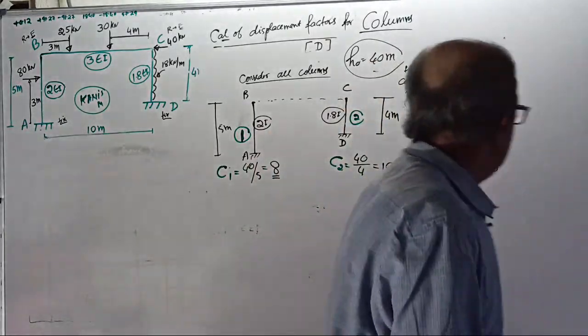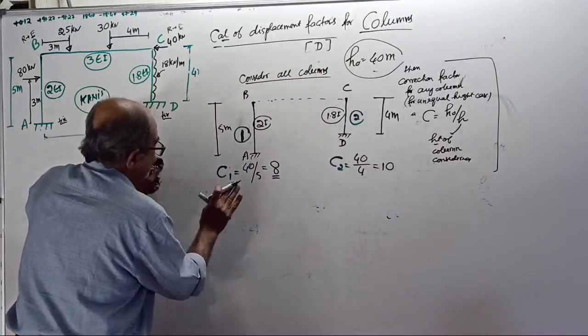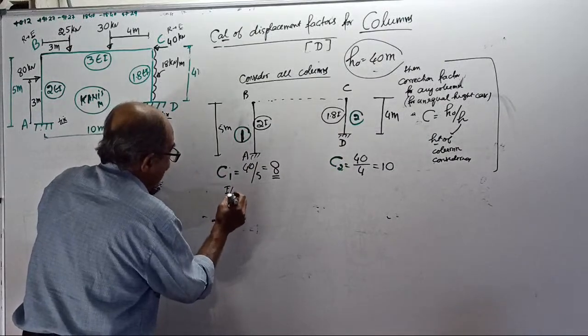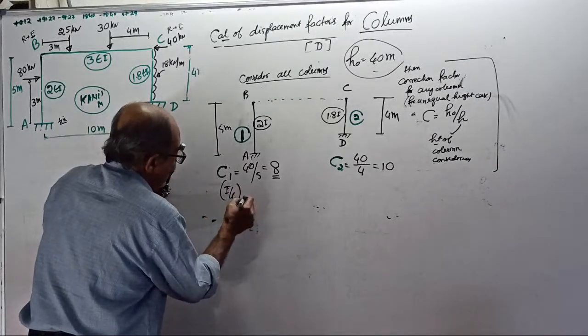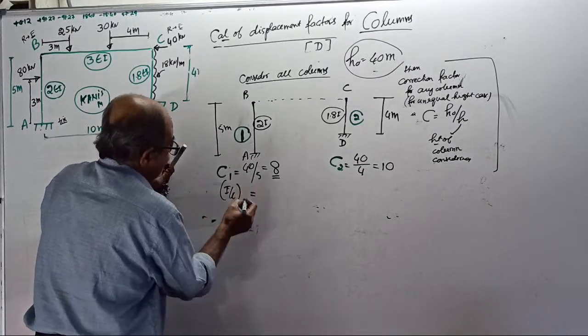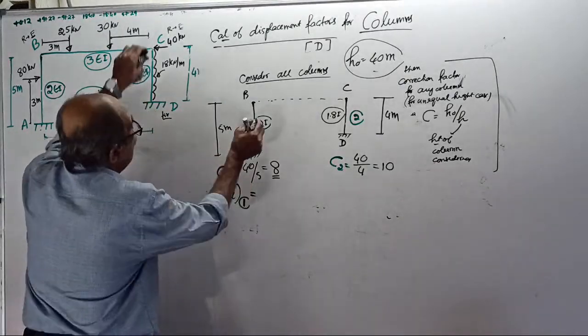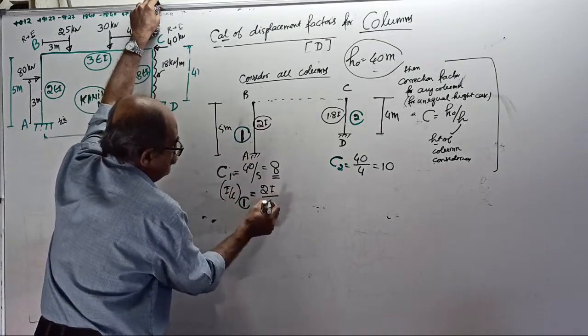Okay, therefore, after putting C, you write the I by L for column number 1. Tell the answer. I by L for column number 1, how much? 2I divided by 5.